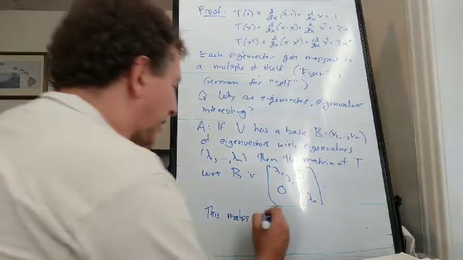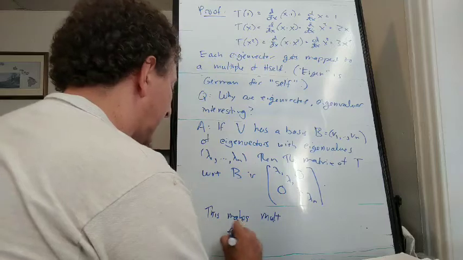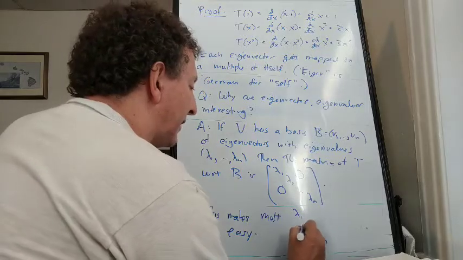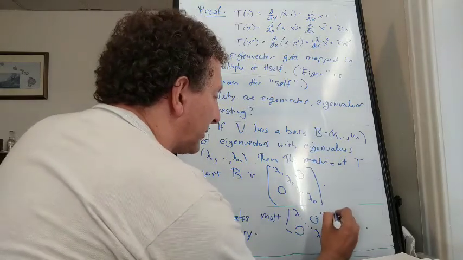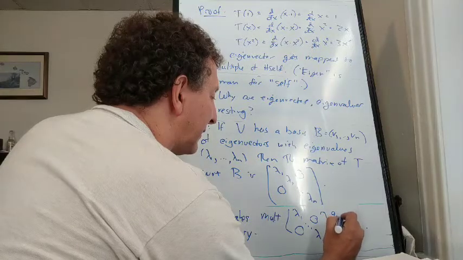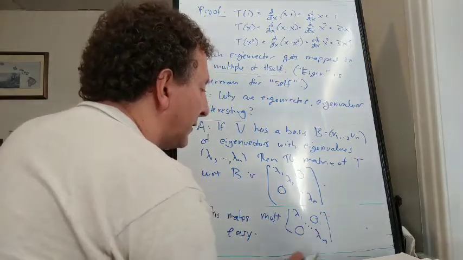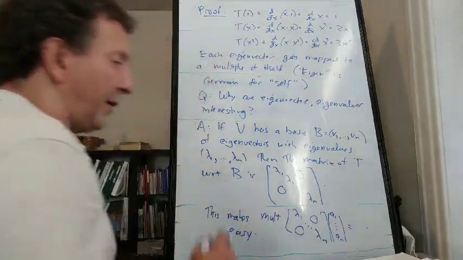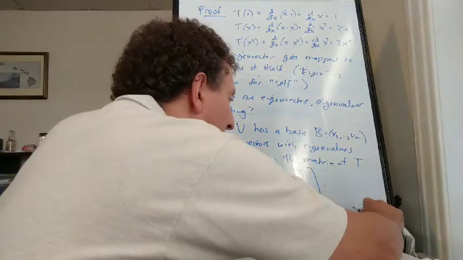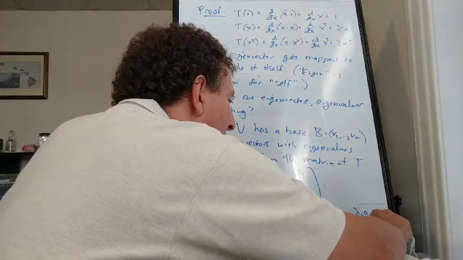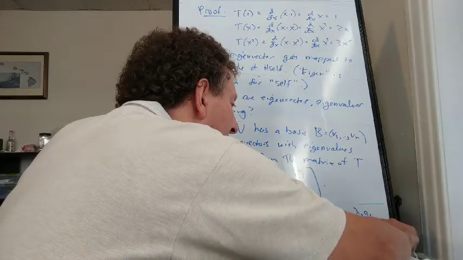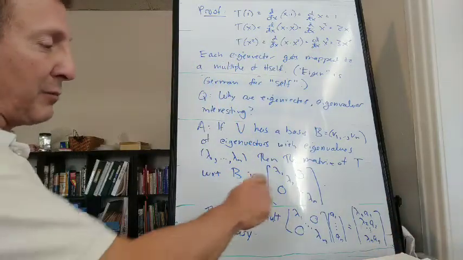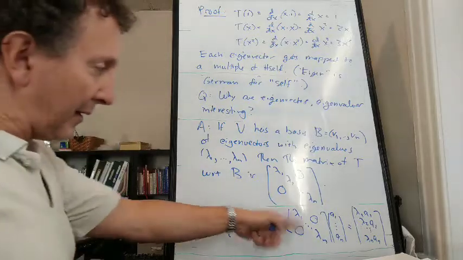So if we have this matrix times a vector, let's say a1 through an, then we get lambda 1 a1, lambda 2 a2, etc., up to lambda n an. So all we're doing is multiplying all the components of this vector by the eigenvalues.